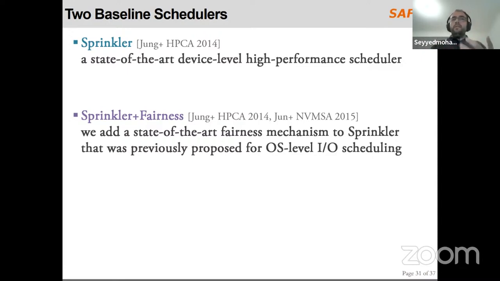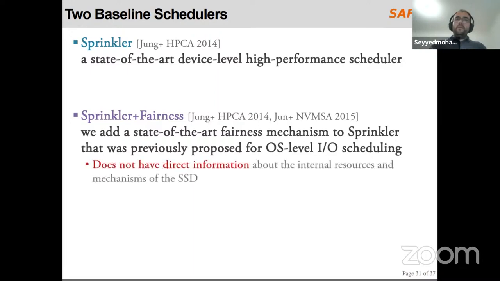This helps us observe how important the problem that we are solving is. The paper that we consider is from 2015.